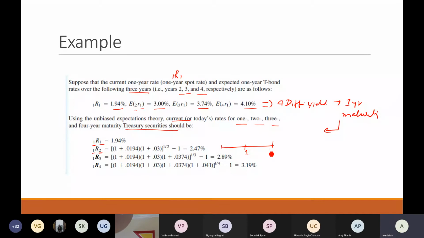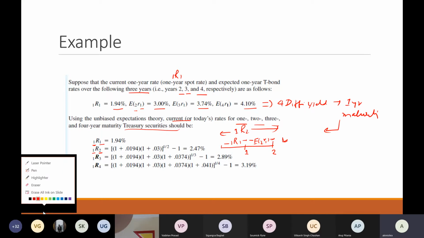This is year 1, year 2, and here you have R1, and here you have the expected value of R1. What we want to know is the instrument having 2 year maturity, using 1 year yield, 1 year interest or expected yield on 2 different instruments.